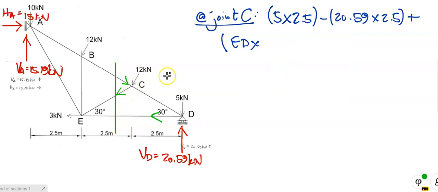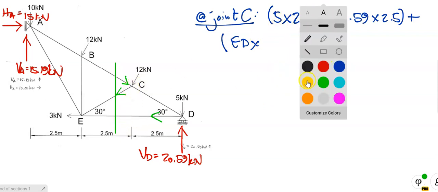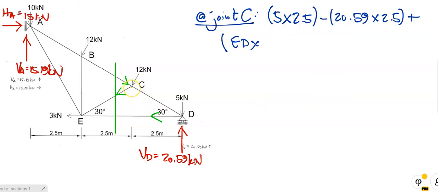If I draw a line like so, can you see that little d there? That little d there is the lever arm for that force. The moment about C for force ED is plus, because it's clockwise, ED times d.